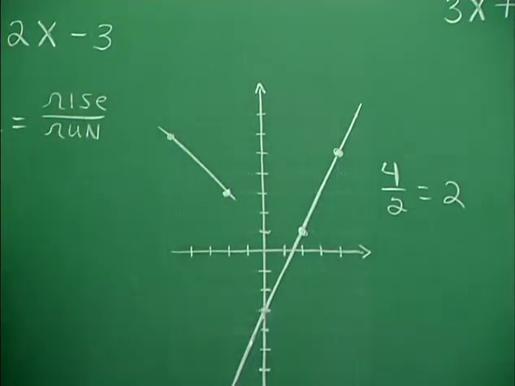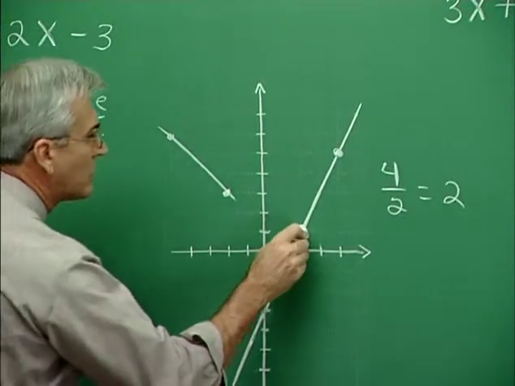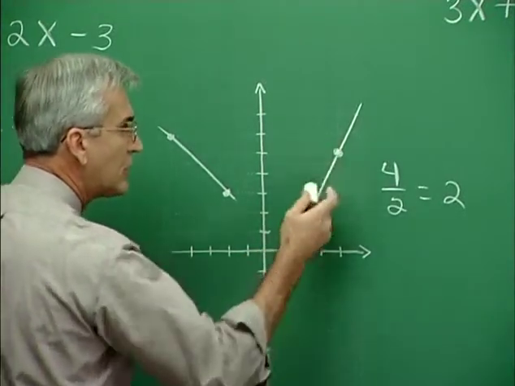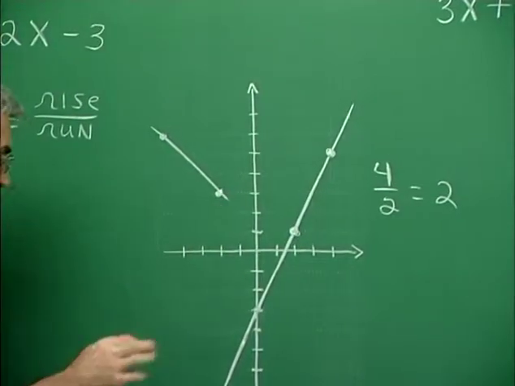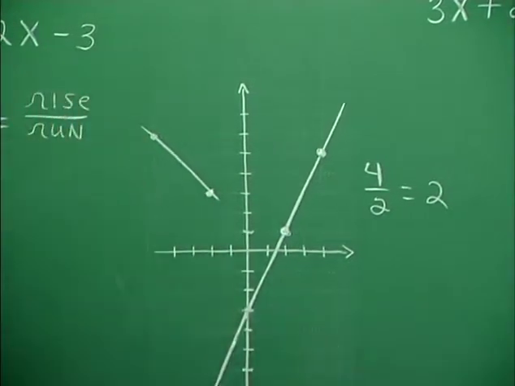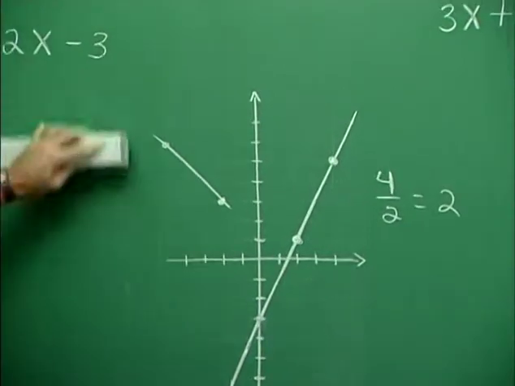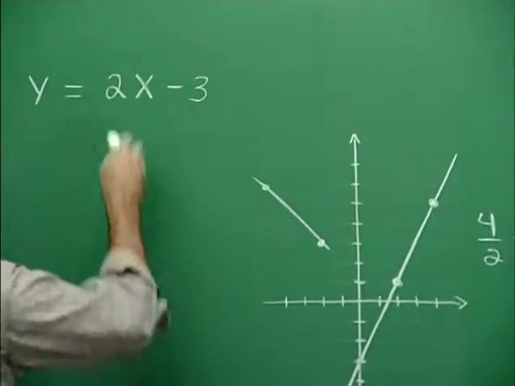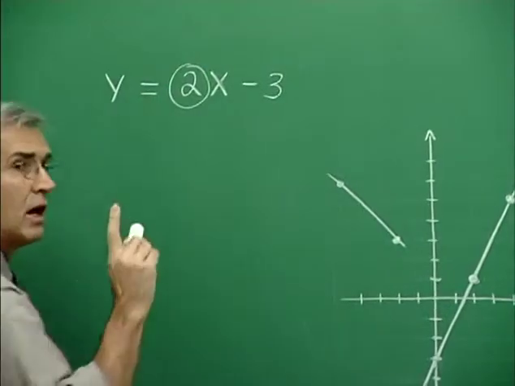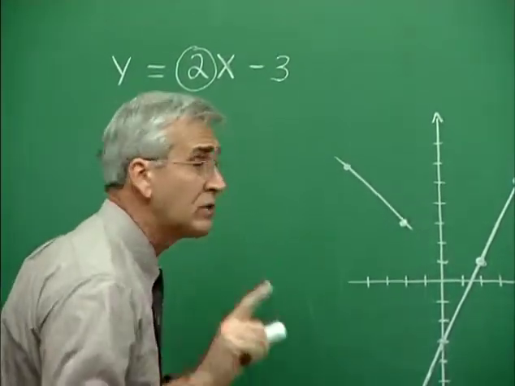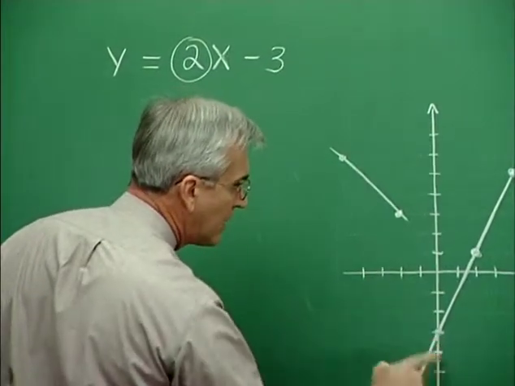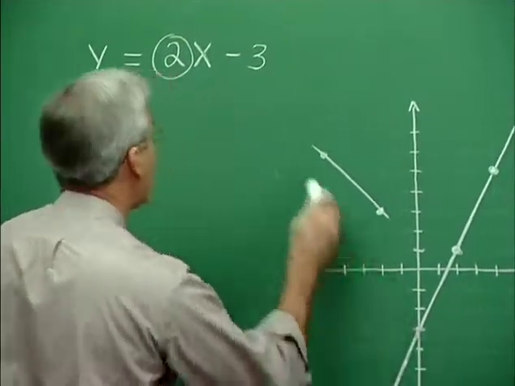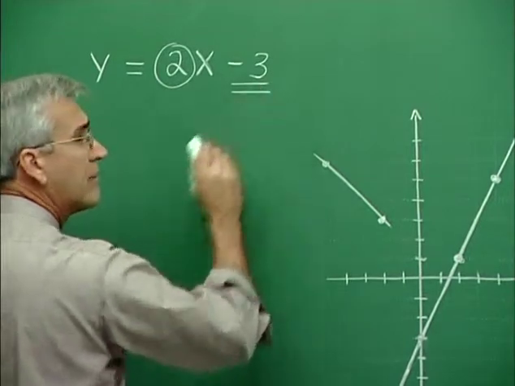Now notice that we said that the slope of this line is 2. We calculated it here as rise over run from one point to another. Notice that in the equation, the coefficient of the x is also a 2. Now that's not an idle coincidence. Notice also that the y-intercept is at -3, and that this number is -3.